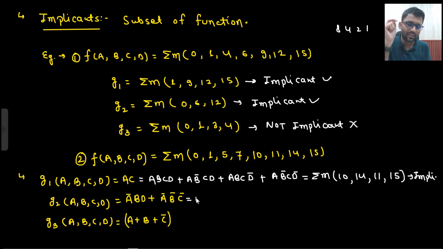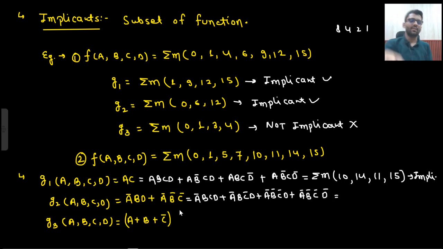What about this one? Can I write down the expression? Yes, I can write down. A bar B bar C D plus A bar B bar C bar D plus A bar B bar C bar D bar, right? All the combinations of C are coming here, C and C bar.